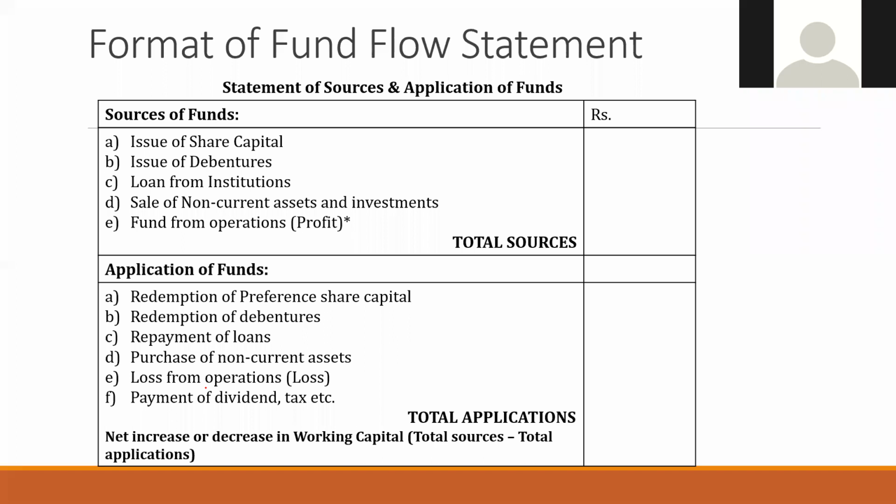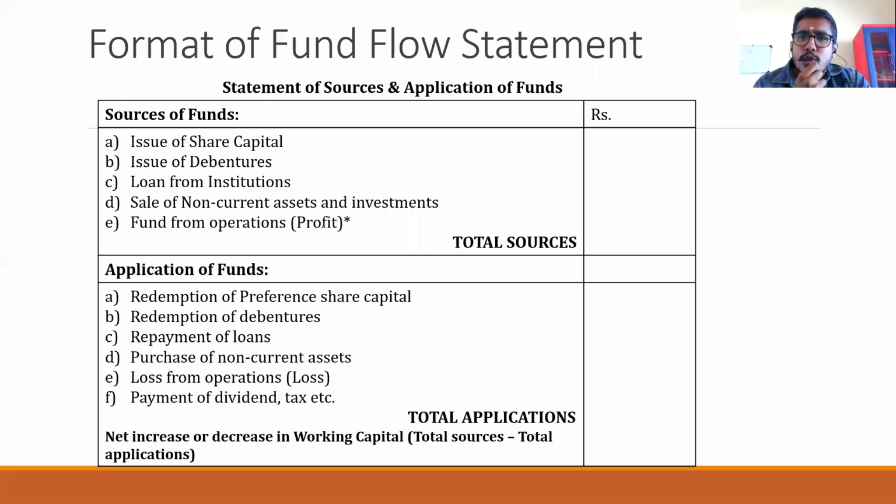And the reason for preparing the adjusted profit and loss account and other individual accounts, I said earlier, is that we have to get fund from operations or profit. That is why we are preparing those adjusted profit and loss accounts and various accounts.